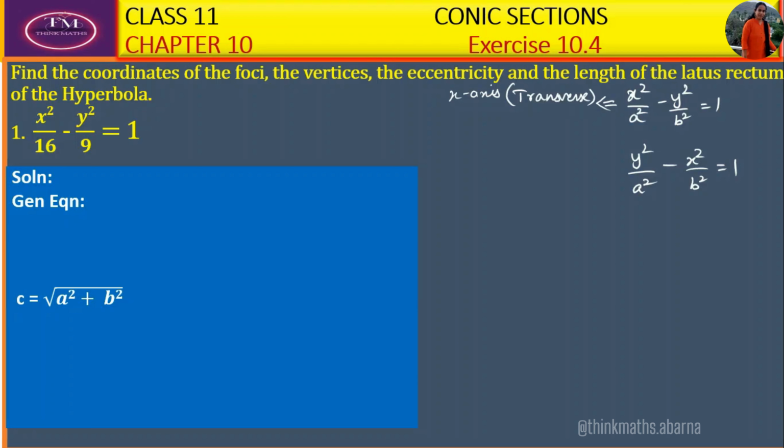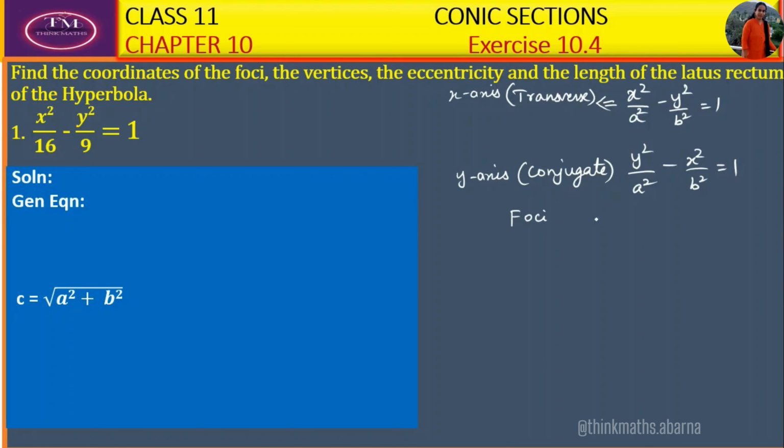If it is x square by a square minus y square by b square, then the transverse axis is the x-axis. If it is y square by a square minus x square by b square, then the transverse axis is the y-axis. In hyperbola, the other axis is called the conjugate axis.